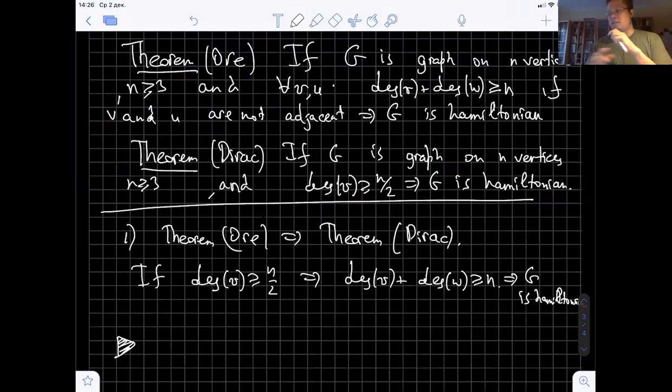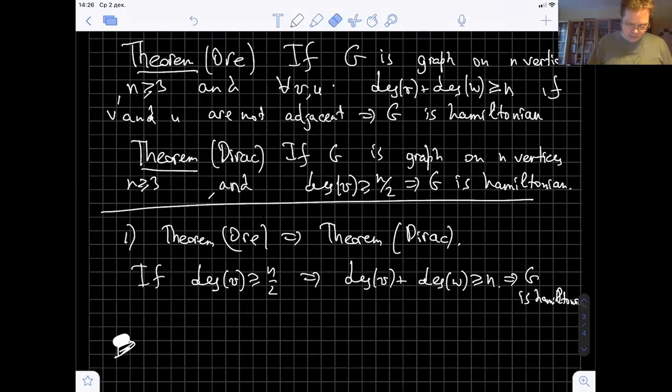Not all theorems giving us Hamiltonian graphs are about the number of edges, but it is easy to think that if we have many edges, then our graph somehow has a Hamiltonian cycle. And of course, this theorem is not a criterion.